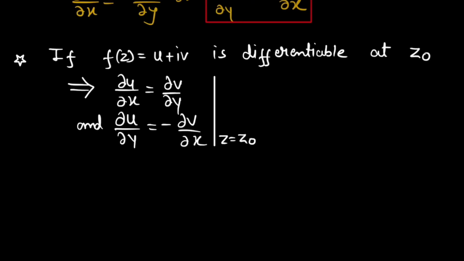This is a necessary condition. That means when f of z is differentiable, then this Cauchy Riemann relationship holds.